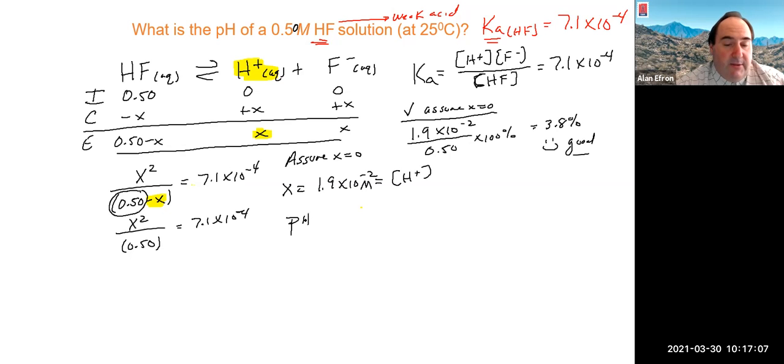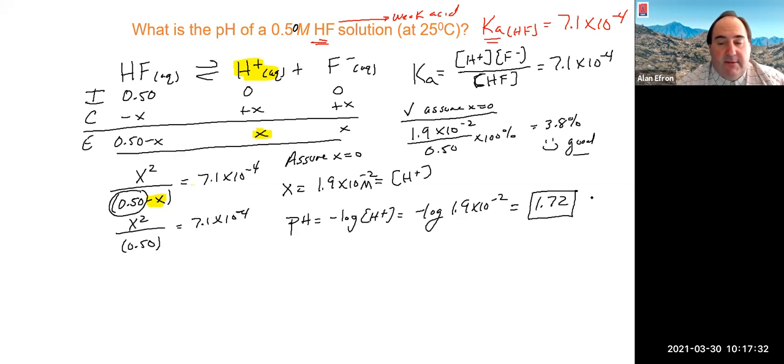And that means we could go right into our pH. It looks like we end up with a pH of 1.72. That is acidic, which makes sense since this is an acid. So that's good. Any questions on any of those steps there?